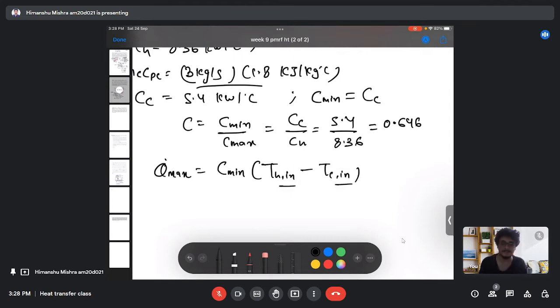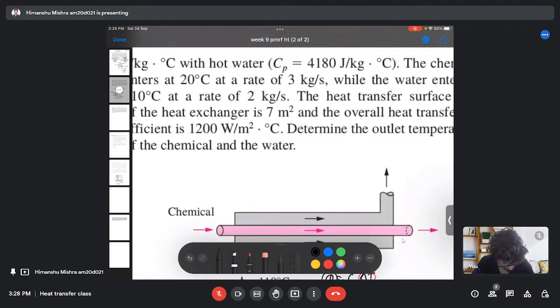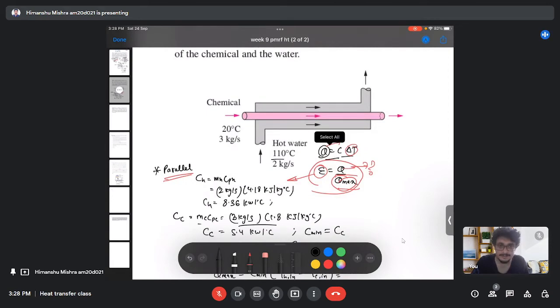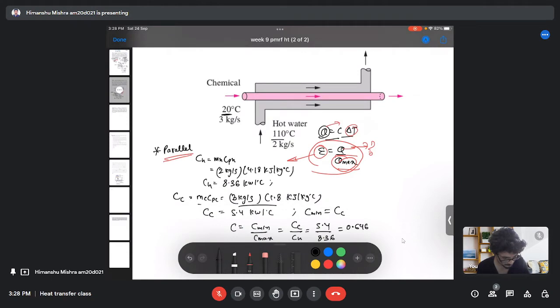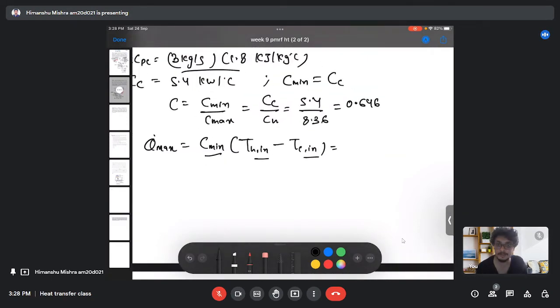So here I am using the inlet temperature of both hot and cold fluid. The temperature of hot fluid is given as 110 degrees Celsius. This is my inlet temperature. And my inlet temperature of the chemical, which is the cold fluid, is 20 degrees Celsius. And we already found the minimum heat capacity, which is the heat capacity of the cold fluid, which is 5.4 kilowatt per degree Celsius.